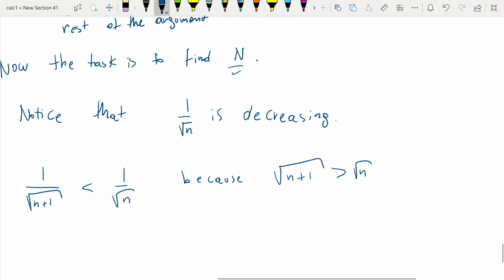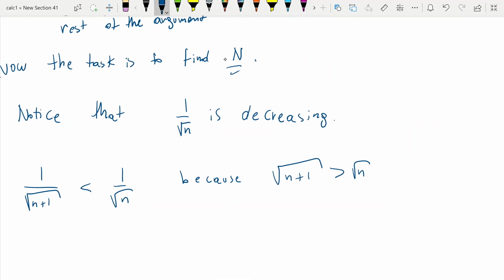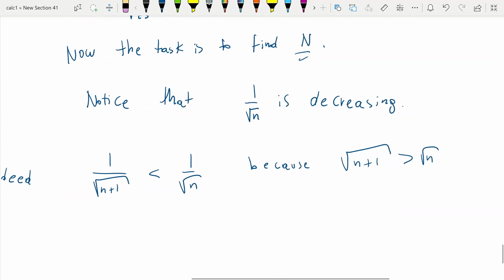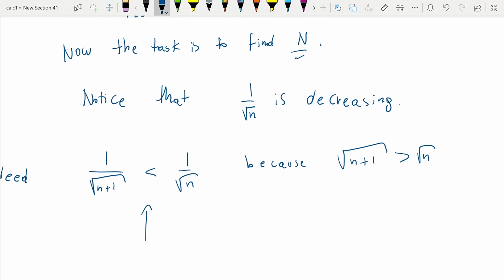If you divide both sides by the product of these two things, which is a positive number, then you obtain this inequality here.